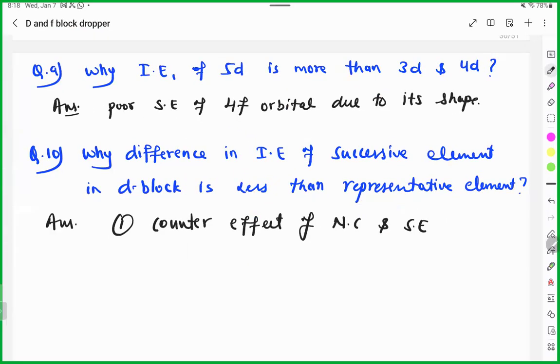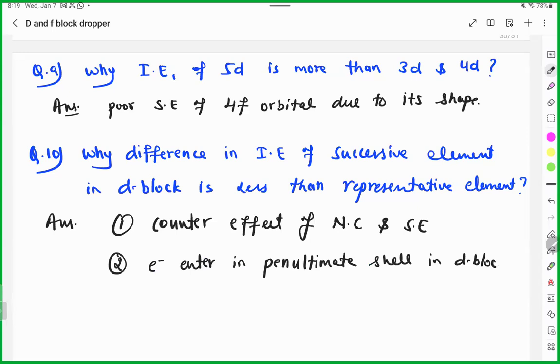Okay, so one is the counter effect of nuclear charge and screening effect. Second, electron enters the penultimate shell in d block, but in s or p block it enters the valence shell.